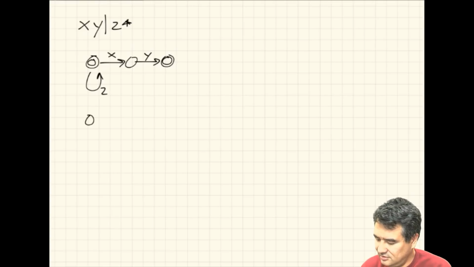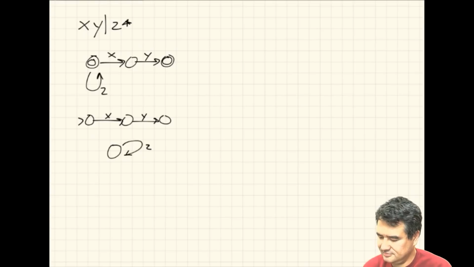And so if I draw this out again, we do something like this: X, Y, here's my Z with the loop on it. This is an accepting, this is an accepting, and then there's this epsilon transition there.